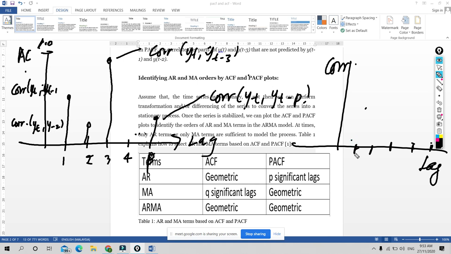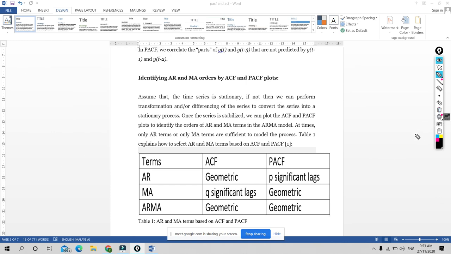Let's say this is lag 1, this is lag 2, this is φ22 of the AR2 model. Now let's say here is lag 3, and the value here is φ33 of the AR3 model.